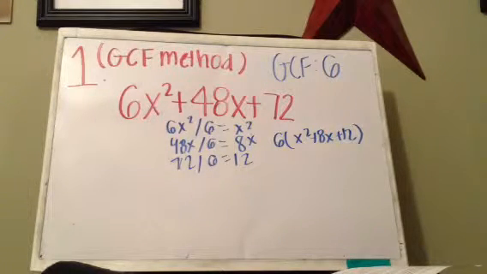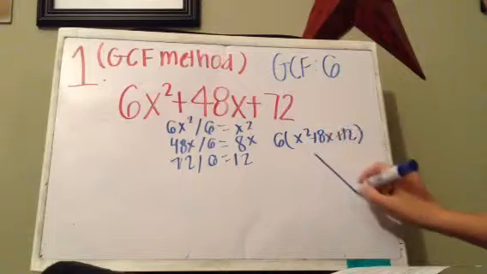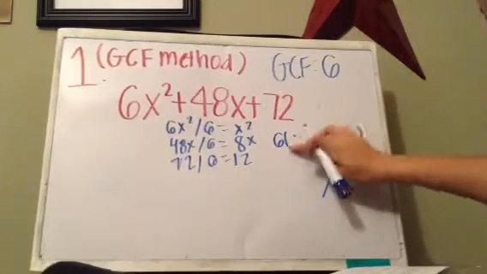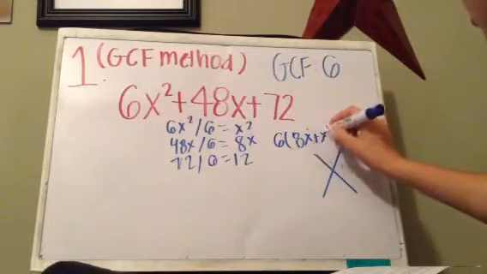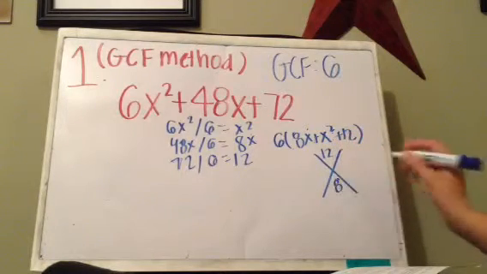I'm going to write out the factors, and I'm going to do the diamond method for this. I get 8x and x squared, 12 here and 8 here.